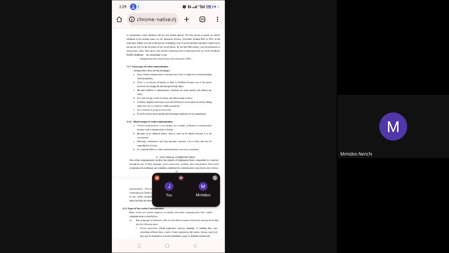There is a high level of understanding and transparency. Now, another thing is that there is no element of rigidity as there is flexibility because any of the parties involved can change the decision previously taken. There is always flexibility.